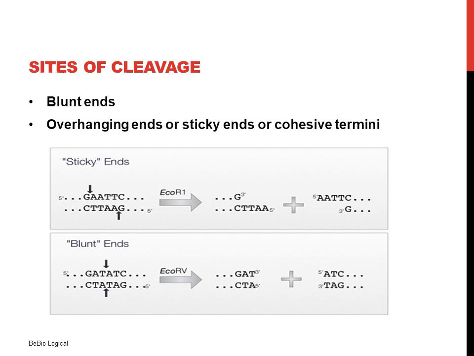The cleavage points do not fall on the symmetry axis, so that the resulting restriction fragments possess so-called 5' overhangs or 3' overhangs. Here the example is clearly shown with EcoRI, where 5' and 3' staggered ends are clearly shown in the picture.